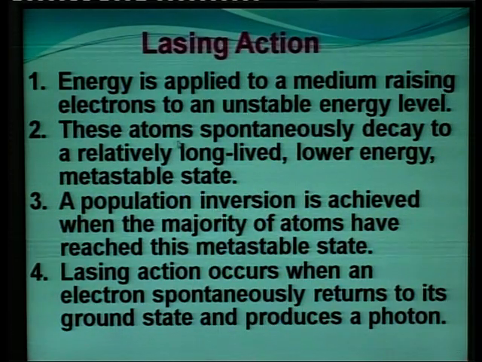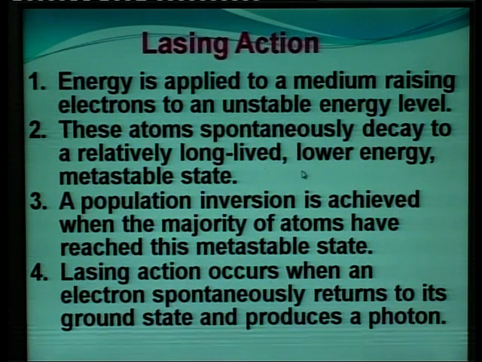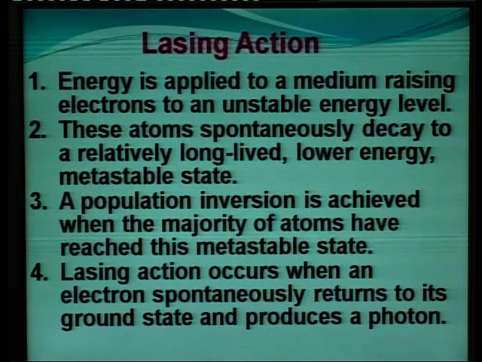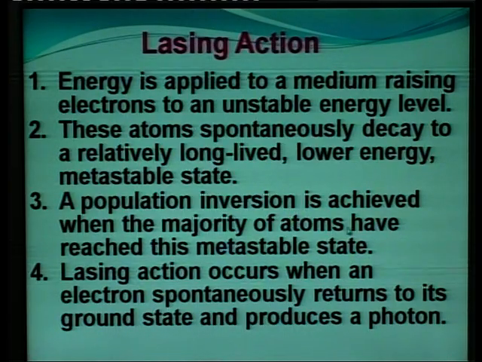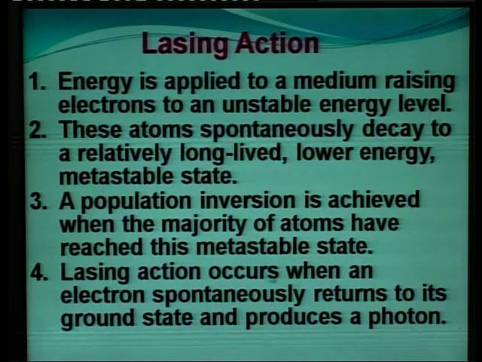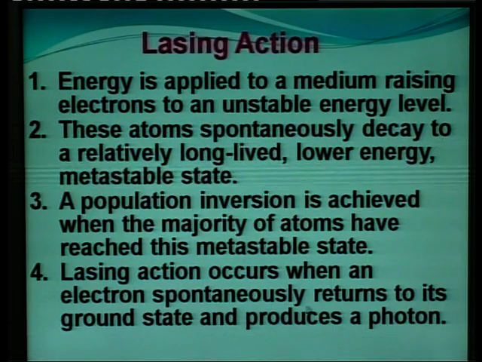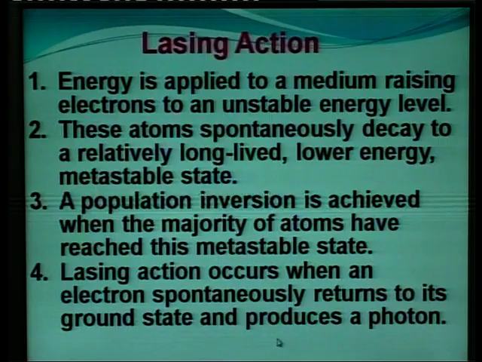Then next, these atoms spontaneously decay to a relatively long-lived lower energy metastable state. So by spontaneous emission they come to the metastable state. Then a population inversion is achieved when the majority of atoms have reached this metastable state. Lasing action occurs when an electron returns to its ground state and produces a photon.